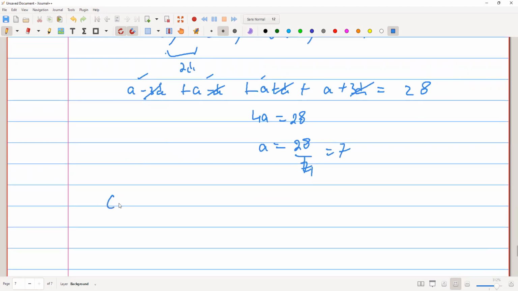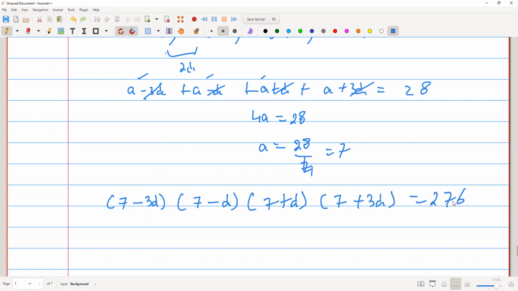So a is 7 minus 3d, then 7 minus d, then 7 plus d, then 7 plus 3d equal to 276. a minus d, a plus d.